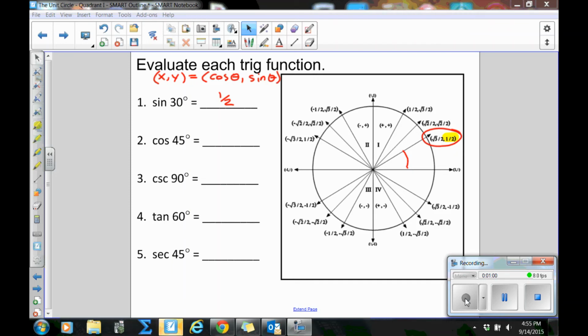The cosine of 45 degrees is root 2 over 2. The cosecant of 90 degrees, using this ordered pair at 90 degrees, is the reciprocal of sine. The reciprocal of 1 is 1.